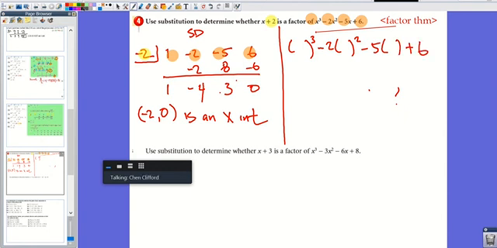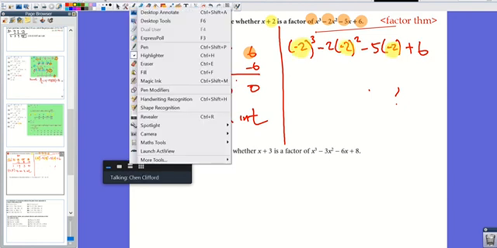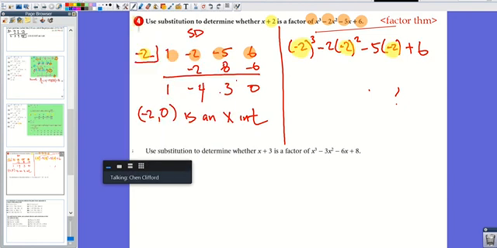Now I'm going to put a -2 in these parentheses. Let me highlight that in yellow here. Boom, boom, boom: -2 cubed. If you want to use your calculator, be sure to put parentheses around -2. This is -8.